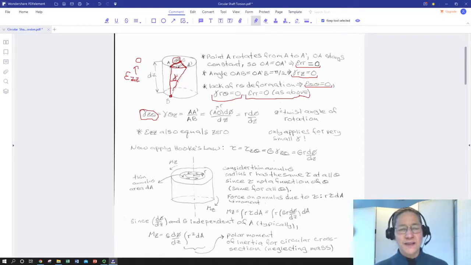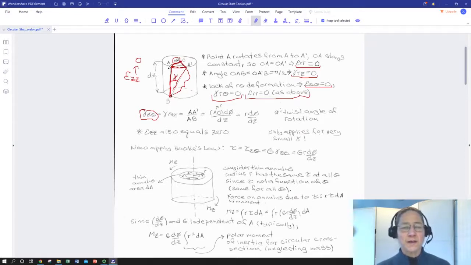So we can say the opposite side is AA prime, and the adjacent side is AB, and our hypotenuse over here is B to A prime. So for a small angle, the tangent of the angle and the angle are about the same if we take the angle in radians. So our strain in the theta z is simply going to be AA prime over AB.